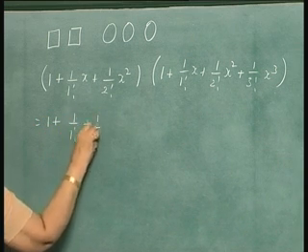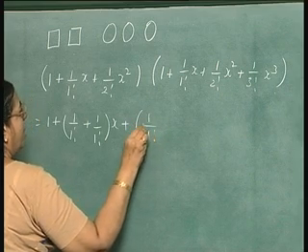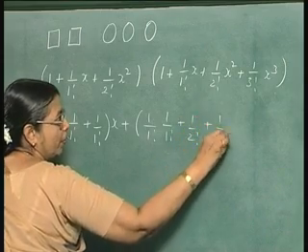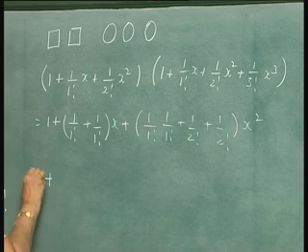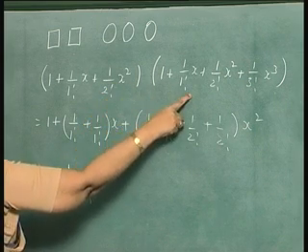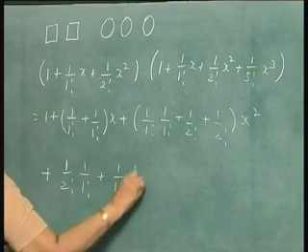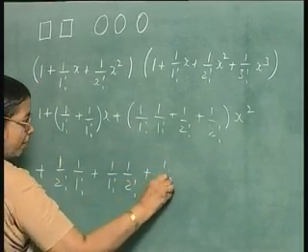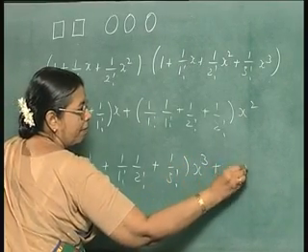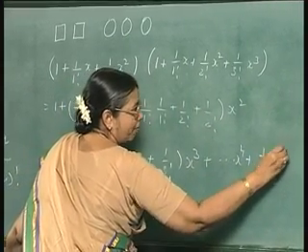It is 1/1! + 1/1!, times x, plus (1/1!)(1/1!) + 1/2! + 1/2!, times x^2, plus, what is the coefficient of x^3? It is (1/2!)(1/1!) + (1/1!)(1/2!) + 1/3!, times x^3, and so on, up to the power of 4 and power of 5, which will be (1/(2! 3!))x^5.